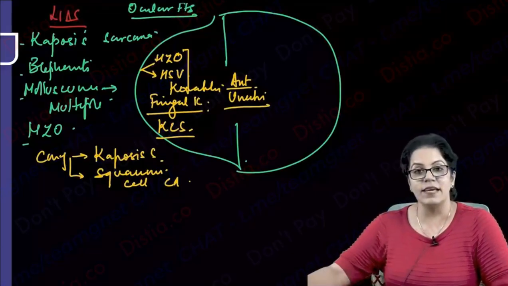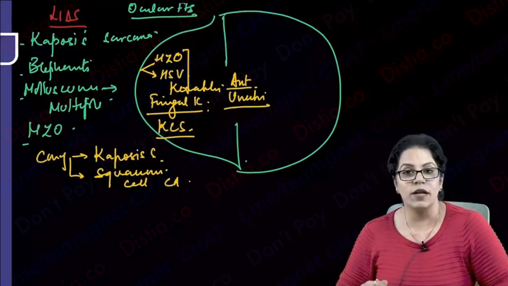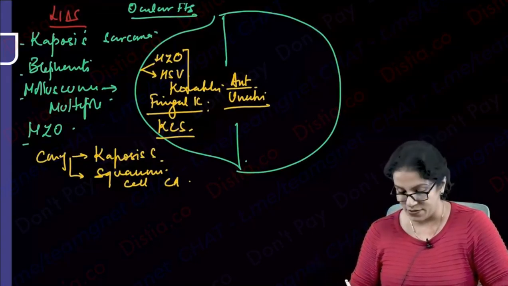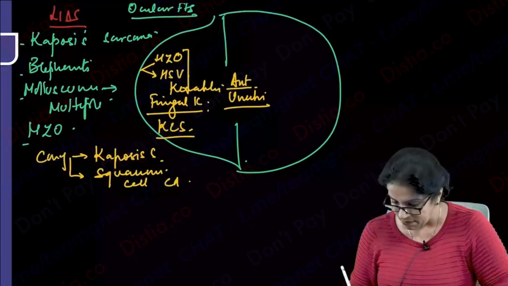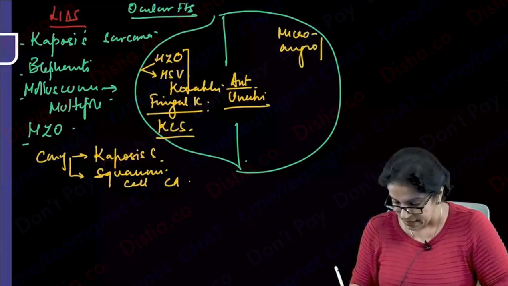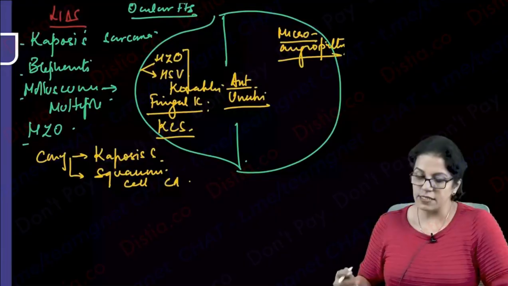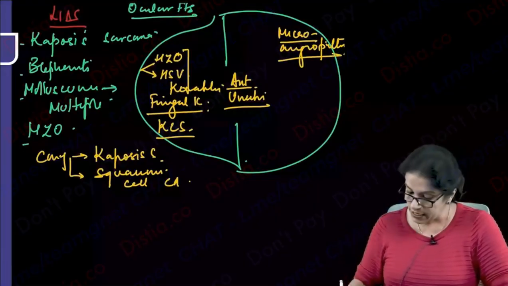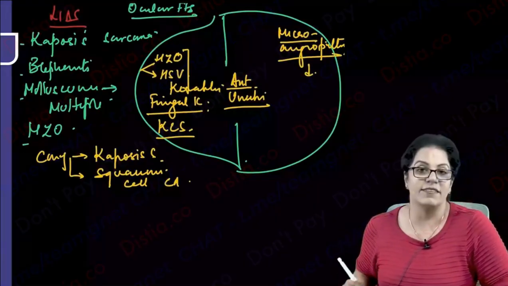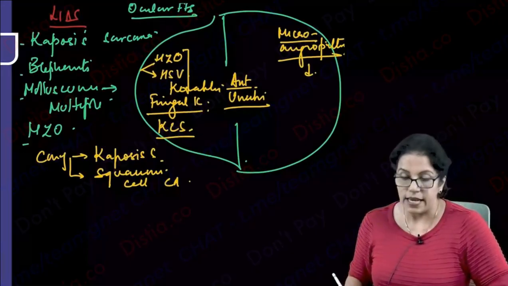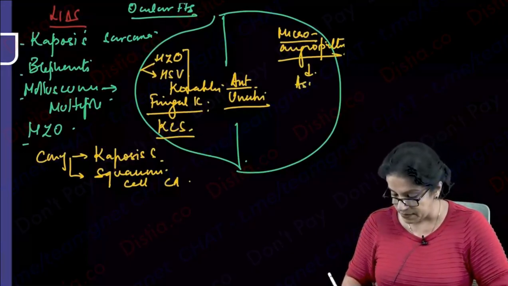That means it is more like a pan-uveal involvement. So, microangiopathy, you can label it out here. This microangiopathy is generally disappearing by itself. It's generally asymptomatic and it disappears by itself.